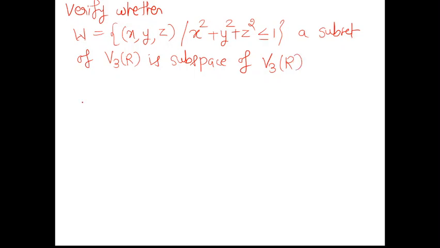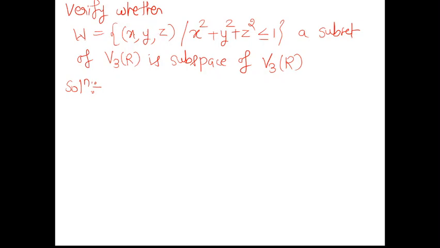Now, what does V3 of R mean? Here V stands for vector space, 3 stands for three dimensions, and R stands for real numbers. So it's a vector space whose elements are real numbers and it is of 3 dimensions. That is the meaning of V3 of R. Again, given W is this, that is, W contains triplets.